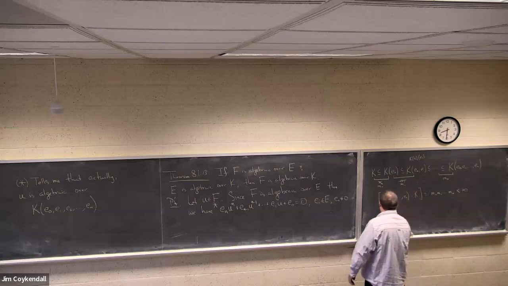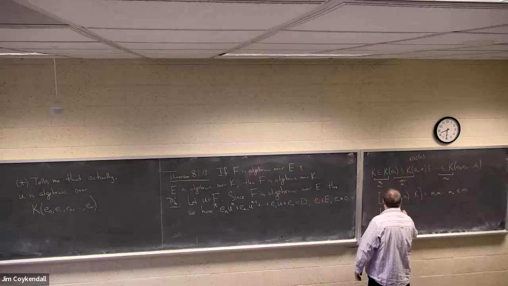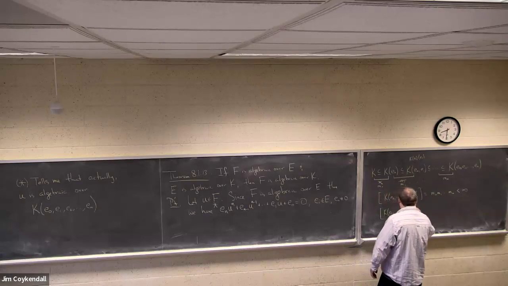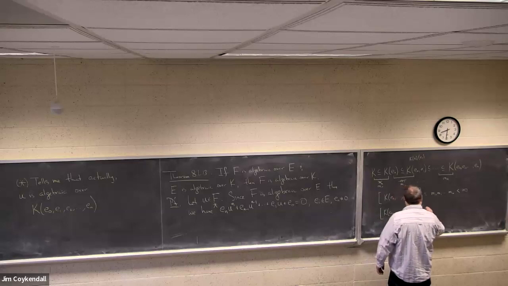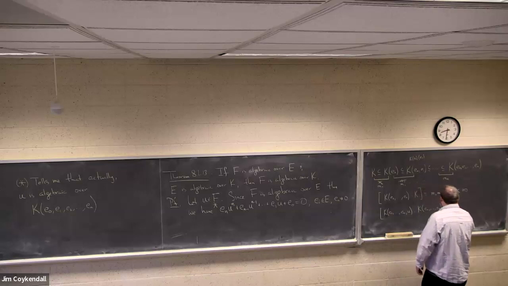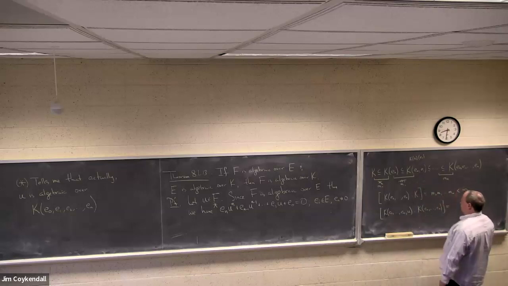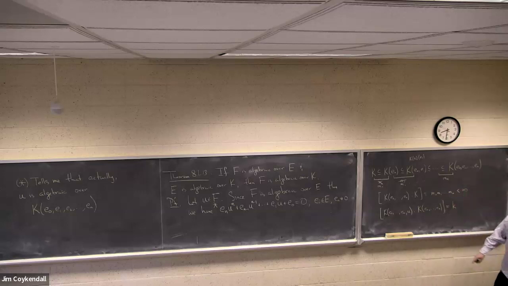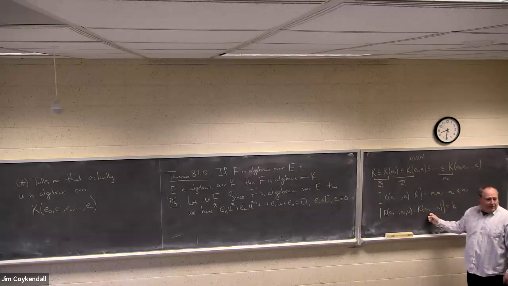Right, and so now look at the degree of K E naught E N U over K E naught E N. We'll call this degree, I don't know, little k. This is finite too, because remember, U is algebraic over this.